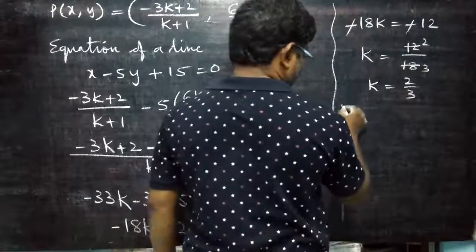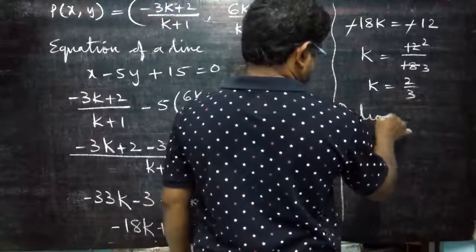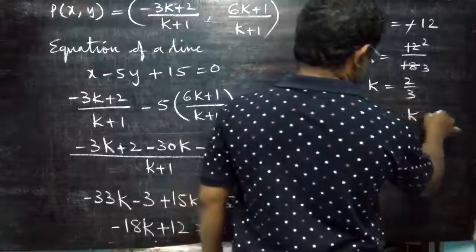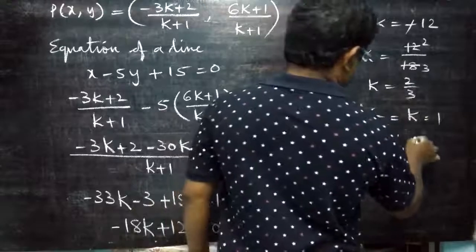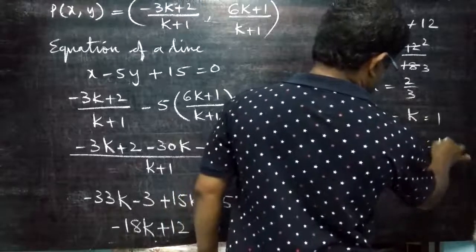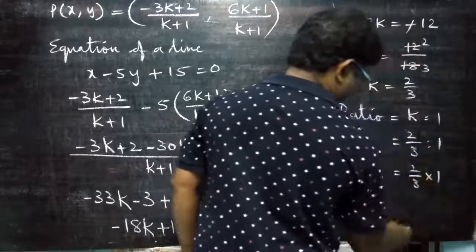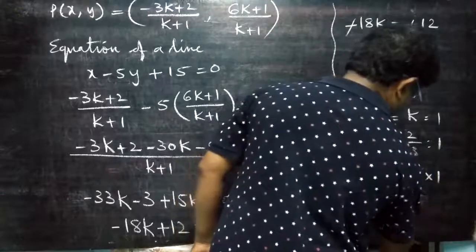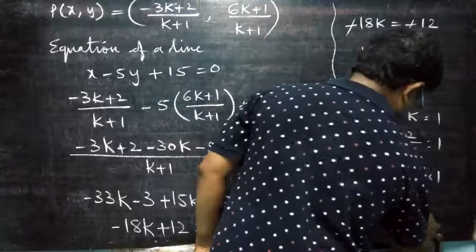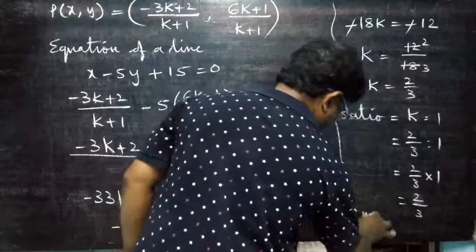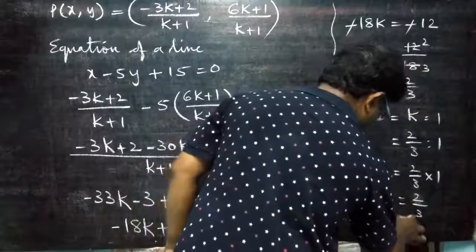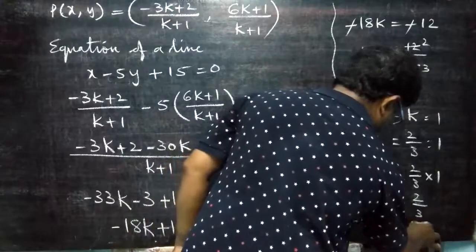We thought the ratio as k is to 1, so 2 by 3 is to 1. Multiplying by the reciprocal of 1, which is 1 only, it stays 2 by 3. Therefore m is to n is equal to 2 is to 3.